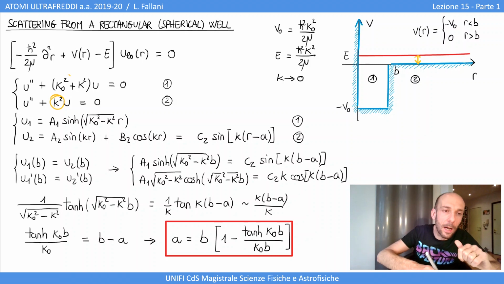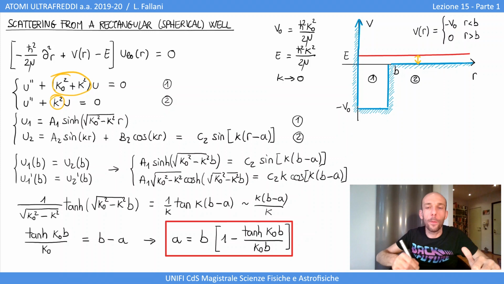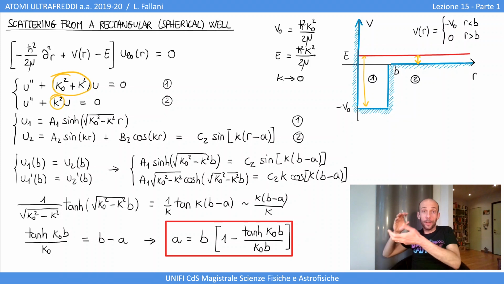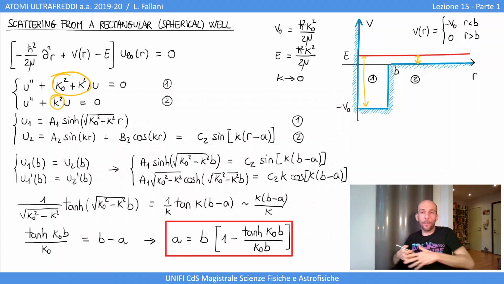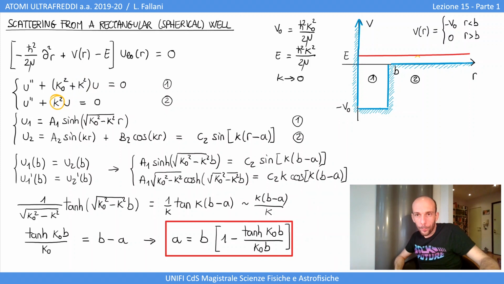And instead now we have k0 squared plus k squared, that is this energy plus the energy of the potential well. And so they are both positive quantities, and so you have k0 squared plus k squared. And so it follows immediately from the previous approach.